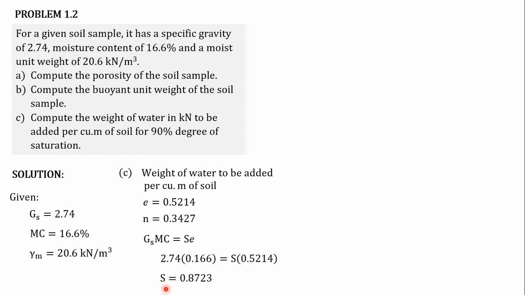This is the degree of saturation in natural state, which is equivalent to 0.8723 or equivalent to 87.23%. Okay? So, ang question niya is ilang weight ng water para from 87.23% ma-achieve niya yung 90% degree of saturation.